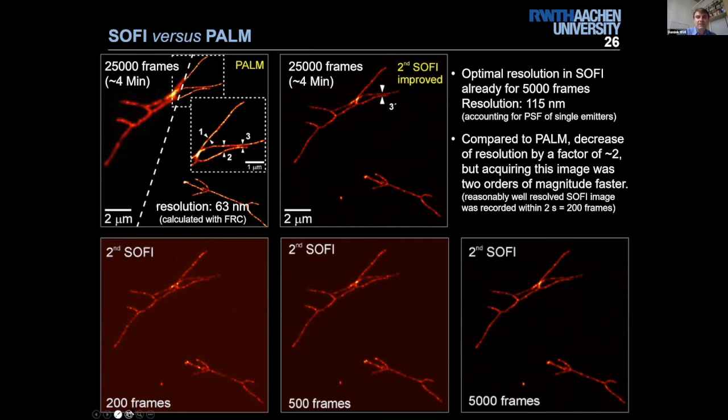That was basically seconds. And we got already a resolution which was reasonably better than the diffraction limit. So what you can do here is play temporal against spatial resolution. If you don't need the full spatial resolution, but you need more temporal resolution, you can just play with these factors by choosing the right technique and the right conditions.